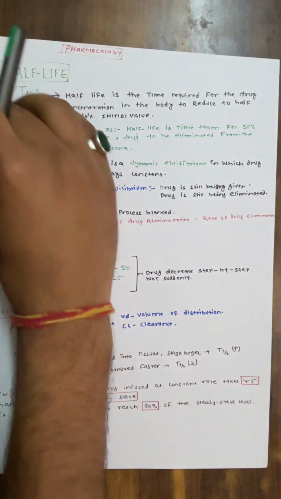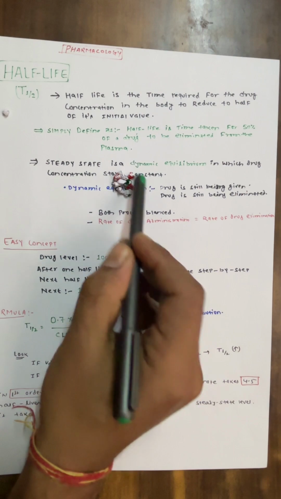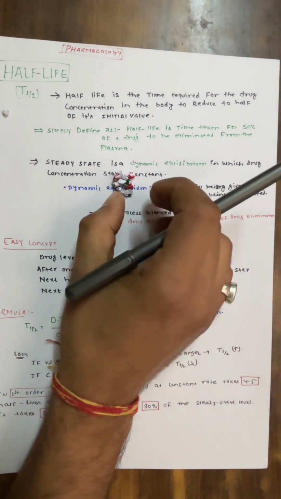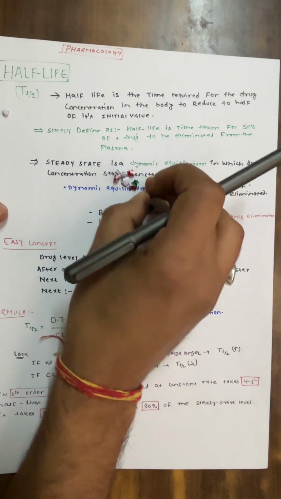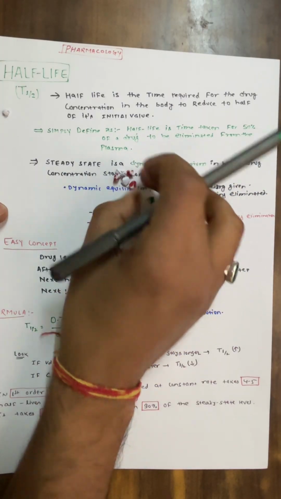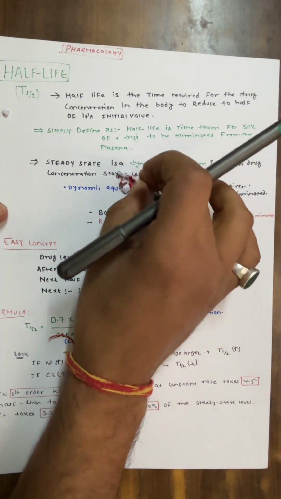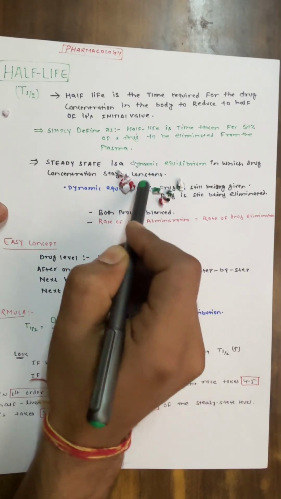So let's understand this. Suppose the initial concentration of the drug is this much. Now we'll see how much time it will take to reduce its concentration to half. Suppose in X time, whether 1 minute, 2 minutes, 3 minutes, 4 minutes, it has come back to half of its concentration.